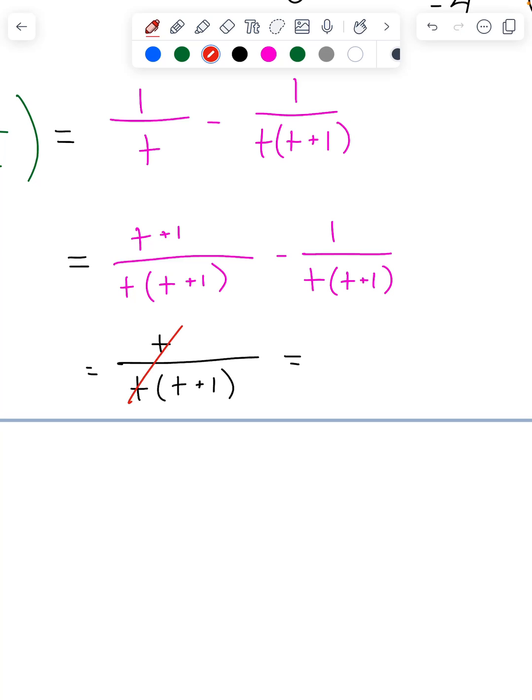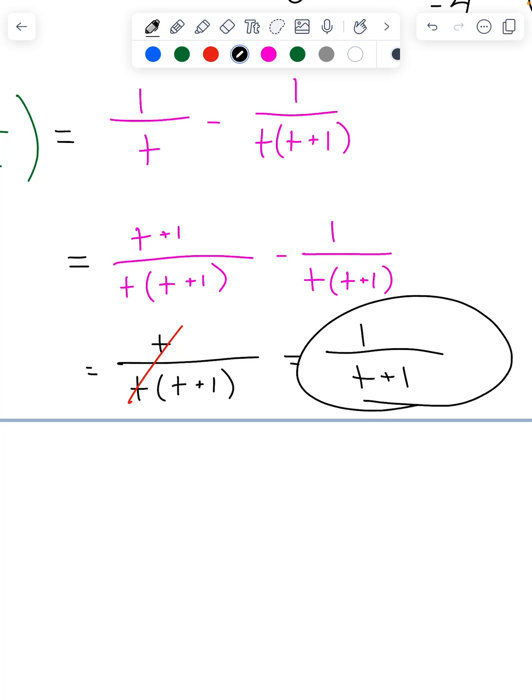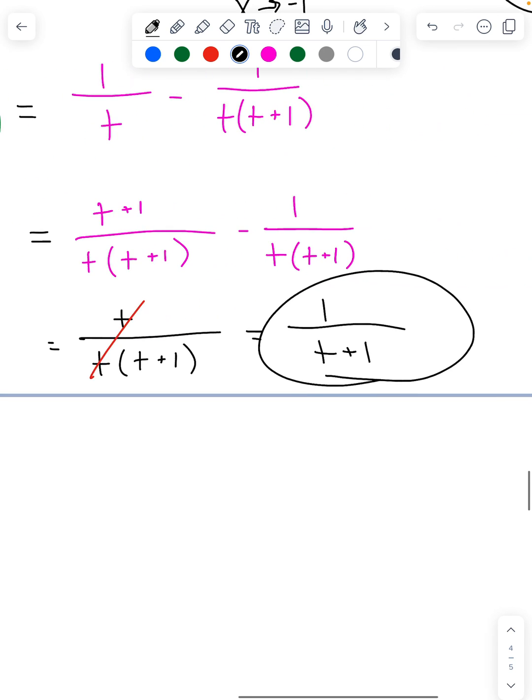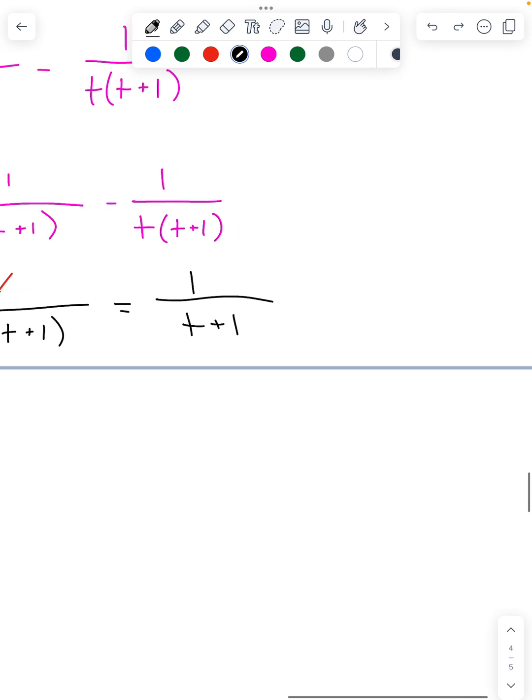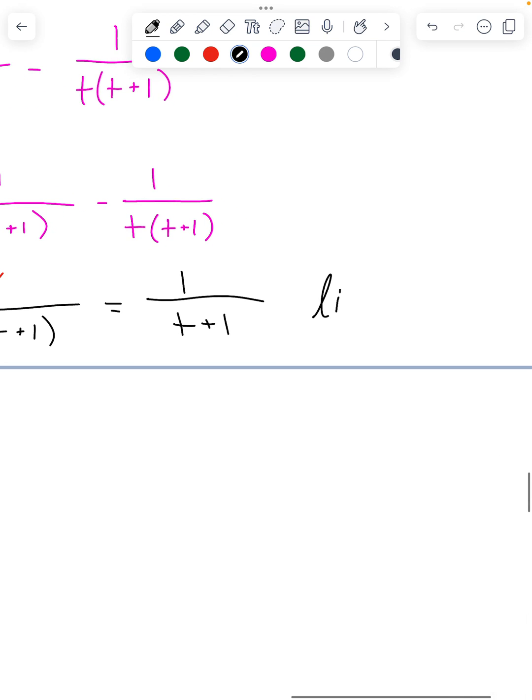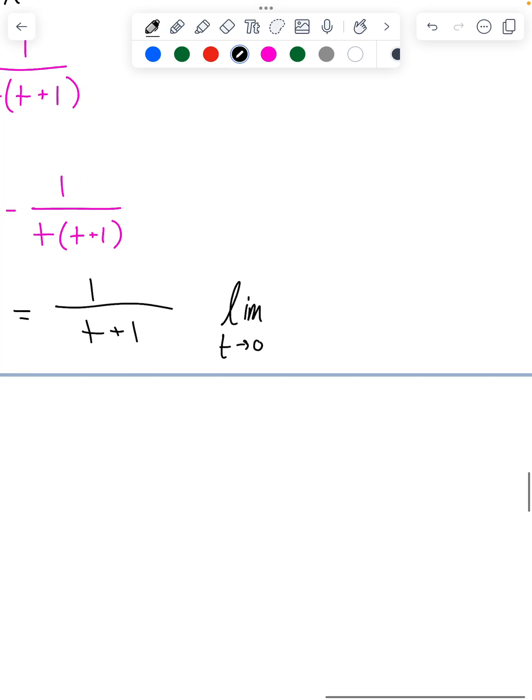I can reduce that, and I end up with a 1 over t plus 1. And now I can plug in a 0. Now I can substitute in 0 for t. So the limit as t approaches 0 of 1 over t plus 1 is going to be 1 over 0 plus 1, which is just 1.